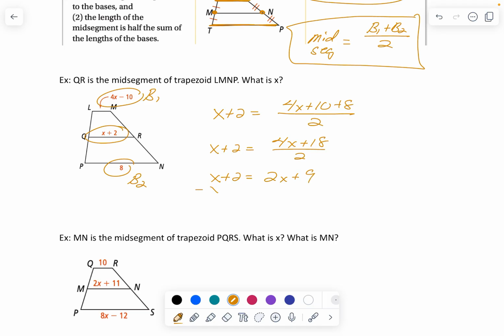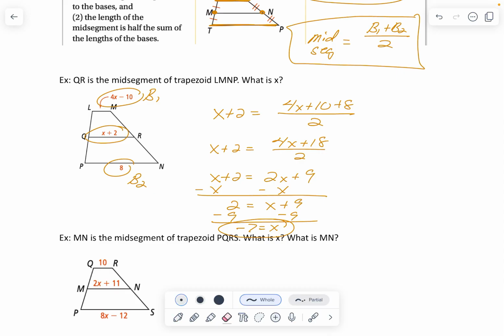And now it's just a matter of moving things around. So 2 equals x plus 9, minus 9 minus 9. Looks like negative 7 equals x. And that's it. Oh, I see what happened. I made a boo-boo, because x cannot be negative when it makes a side negative.